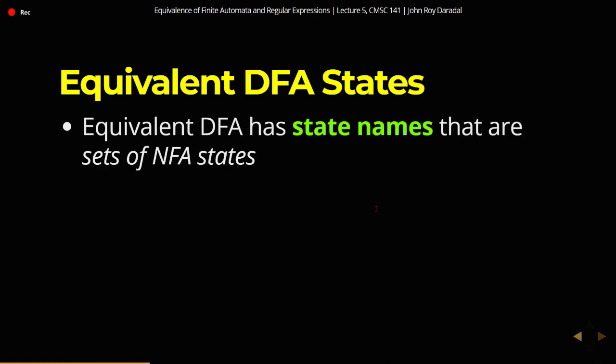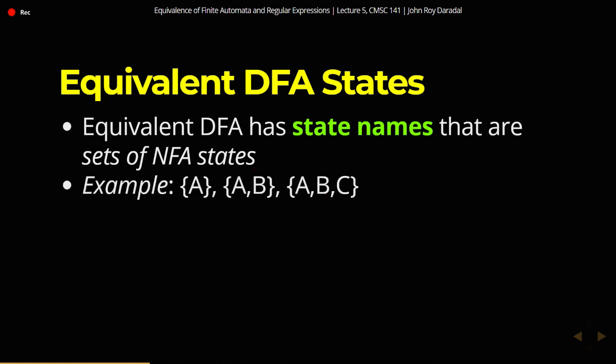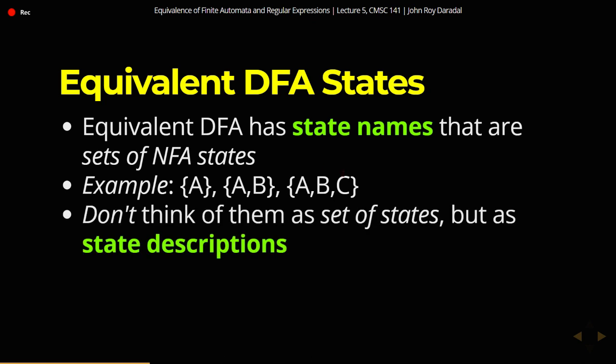And in the equivalent DFA, the state names are denoted to look like sets of NFA states. So what does that mean? Our states in the equivalent DFA will look like this: set A, set AB, set ABC, and so on. These will be the names of our new states in the DFA. But do not think of them as a set of states, but instead think of them as a state description.